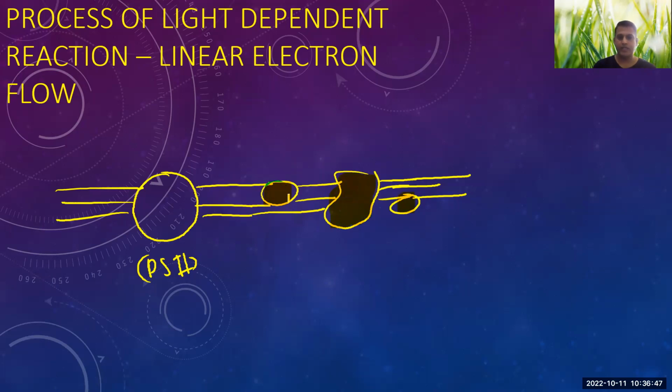Okay, you can see in the thylakoid membrane there are another three structures.